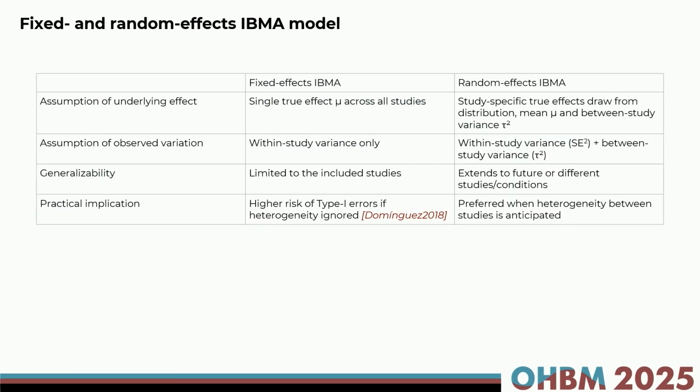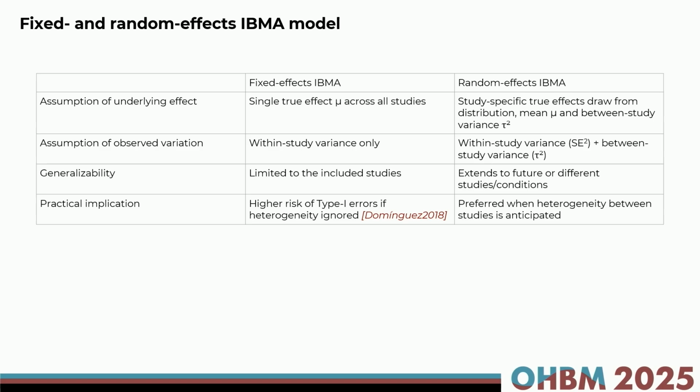Firstly, fixed effect IBMA and random effects IBMA differ in their assumptions about the underlying effects. Fixed effect IBMA assumes a single true effect mu across all studies, while random effects IBMA assumes study-specific true effects, which are drawn from a distribution with mean mu and between study variance tau square. They also differ in the assumption of observed variation.